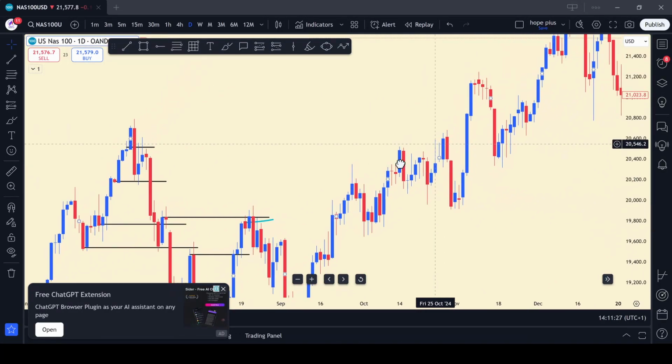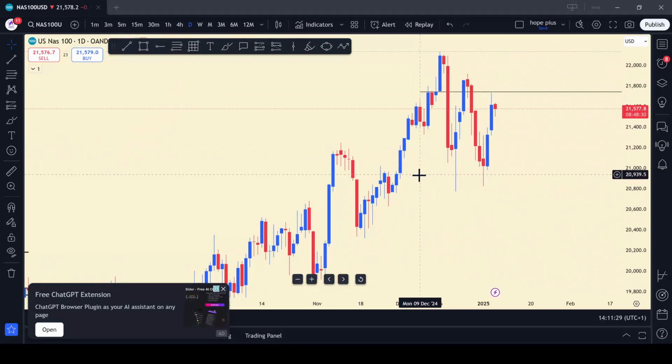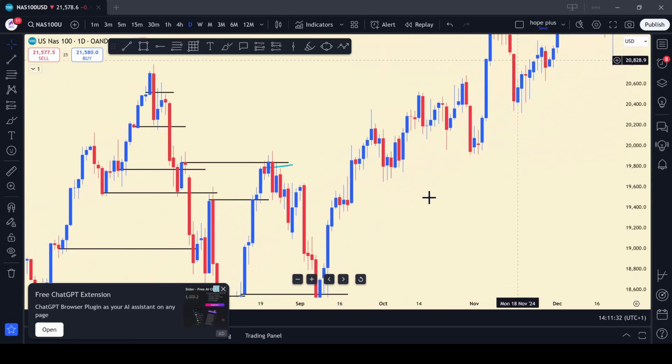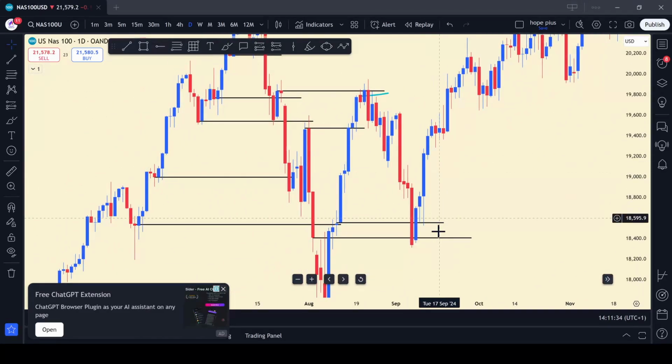I don't want this to lead into a very long video, but the main thing is you can backtest this. As long as that level holds, you ask yourself, this rejection now, we should be selling.